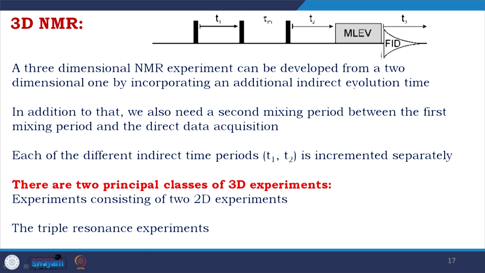So, one is if you have 1H and 15N, you could get into another set of 2D experiments, but in triple resonance you need 1H, 13C and 15N.